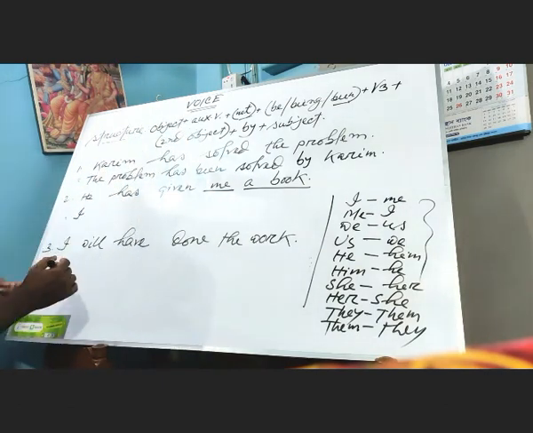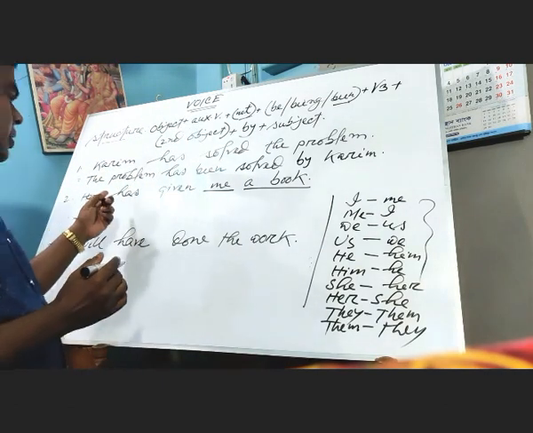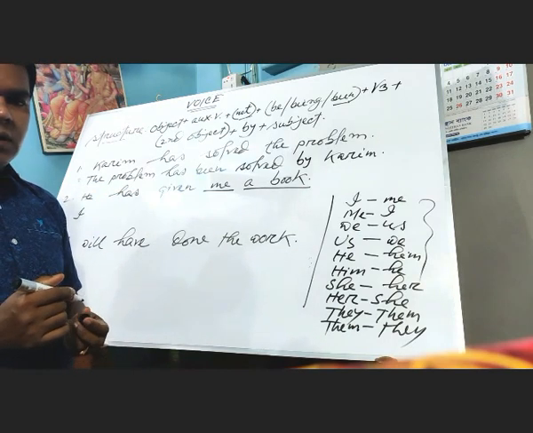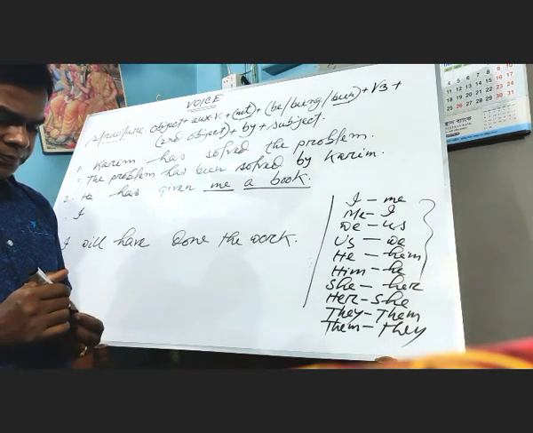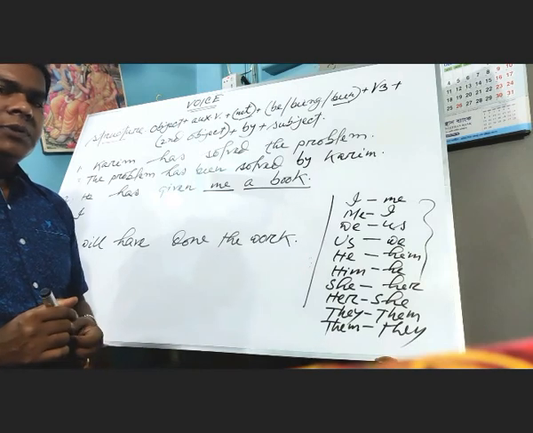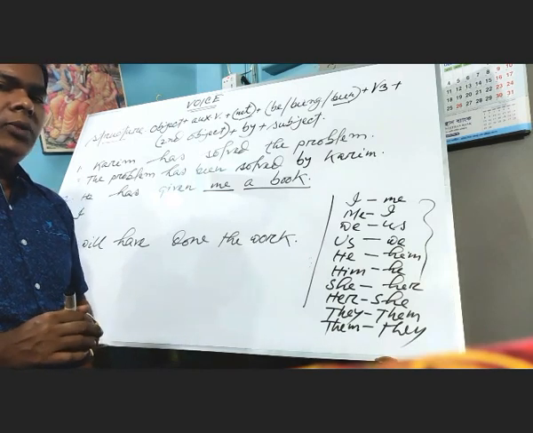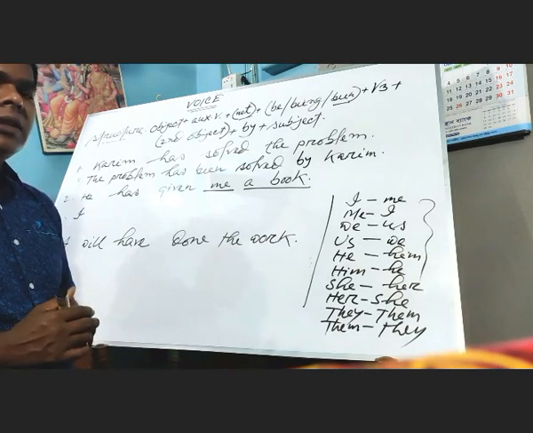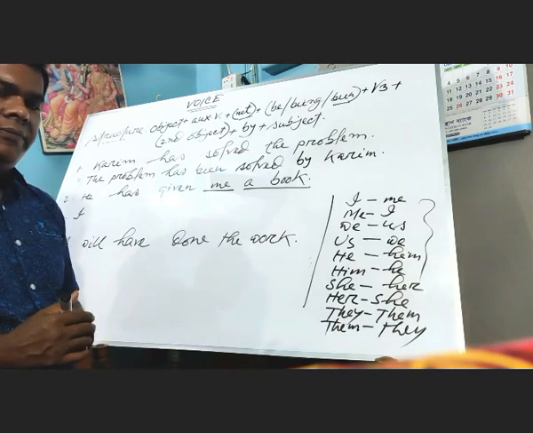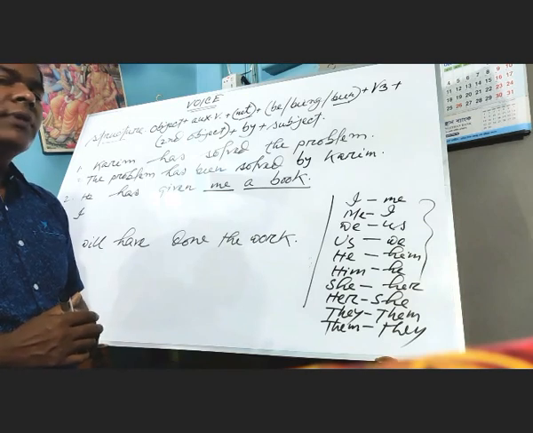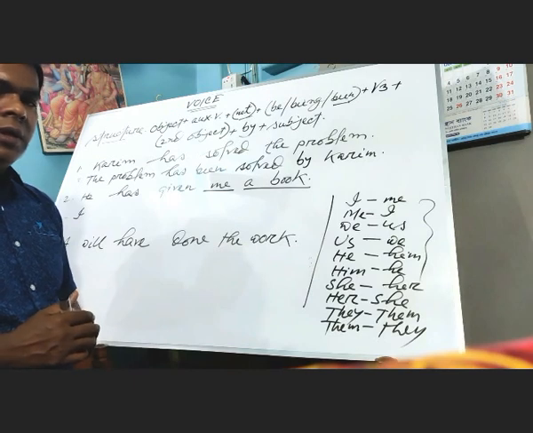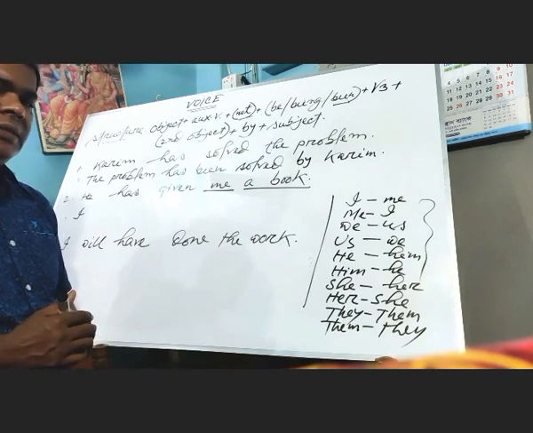And then auxiliary. Here we are finding the auxiliary, and that is has or have. If the subject is first person, second person or third person plural, that means I, we, you and they, then you will use have. I have, we have, you have, they have. But if the subject is third person singular, then only you will use has.